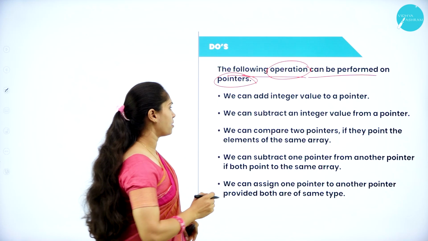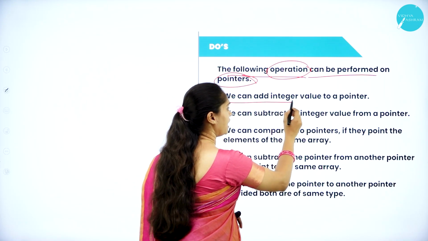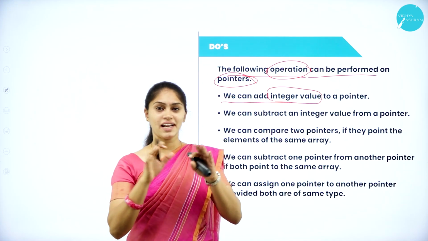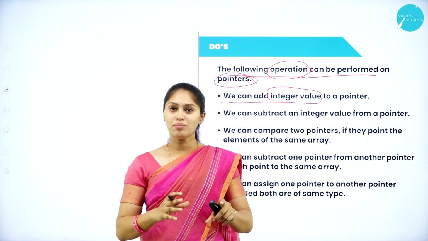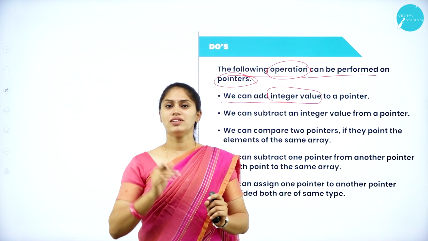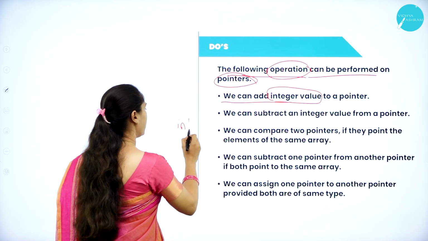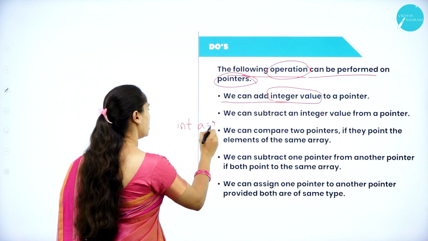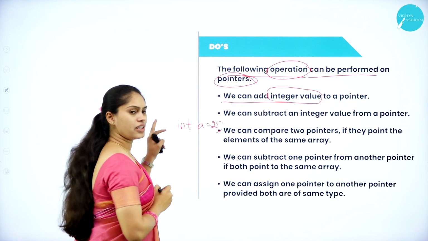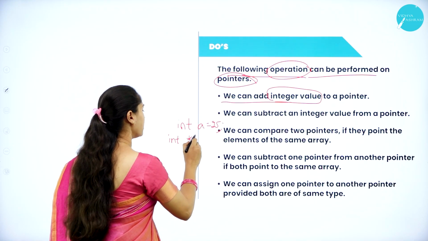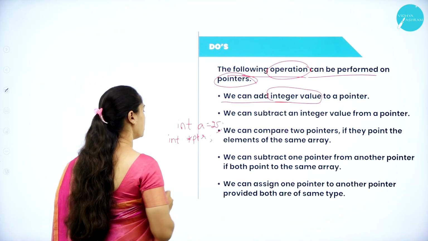Here you have to observe, we can add an integer value to the pointer. Here I am not adding pointers, I am adding some integer value to the pointer. For example, here I have one variable int a is equal to 25, and I have one more pointer variable star ptr.